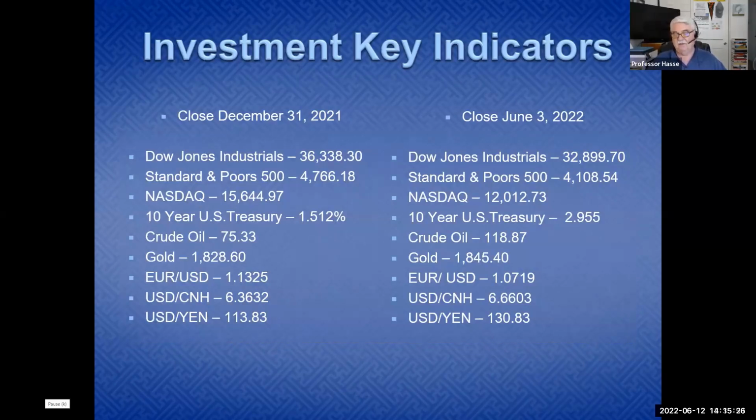And I track these. I've been tracking these for 40 years. Nine indicators that talk about equity markets, credit markets, commodity markets, currency markets. All necessary to watch if I'm running a business, or also all necessary if I'm running my own personal finance.